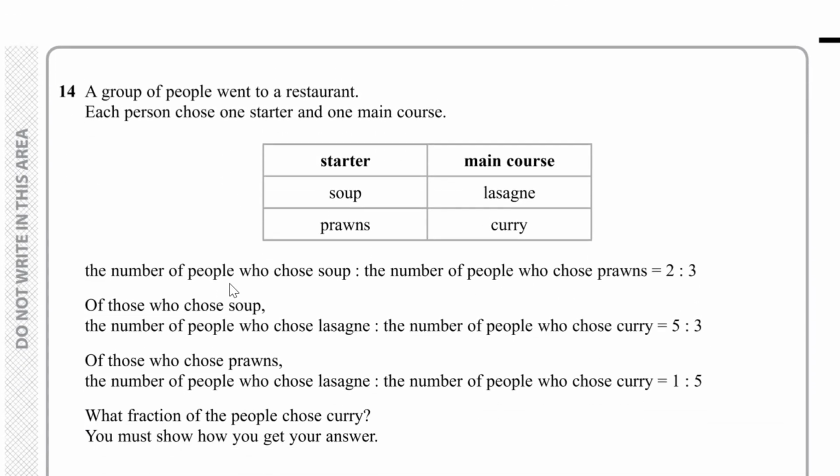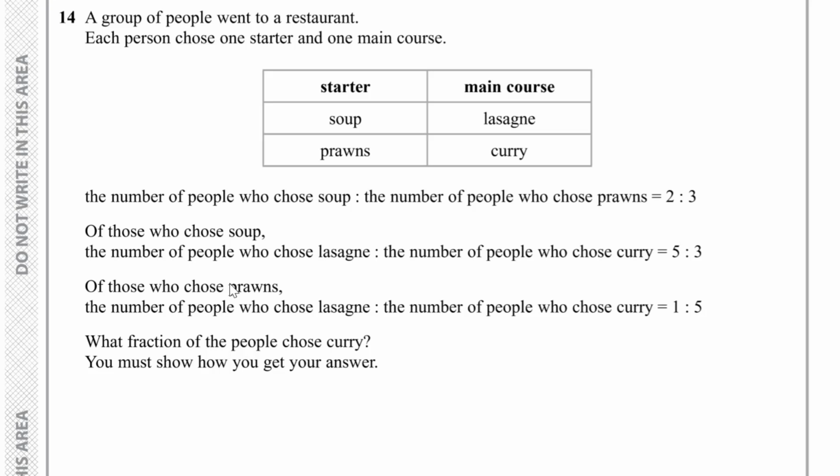Question 14. A group of people went to a restaurant. Each person chose one starter and one main course. So for the starter, we have soup and prawns, and for the main course we've got lasagna and curry. The number of people who chose soup to the number of people who chose prawns is equal to 2 to 3.